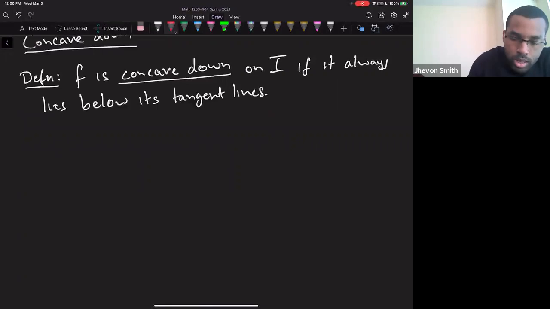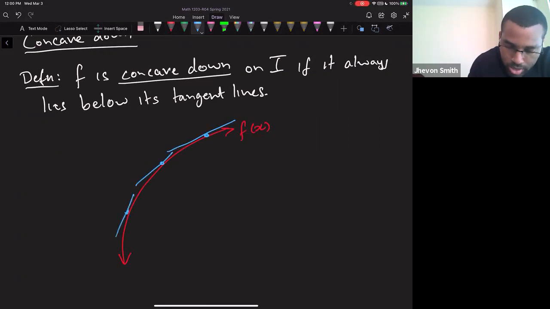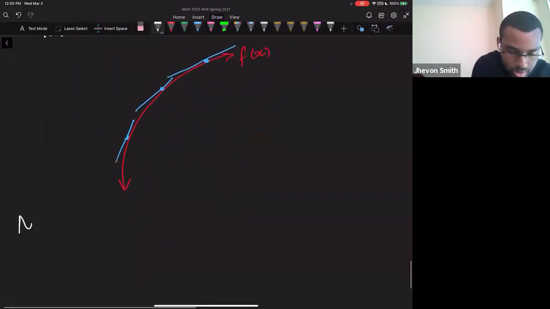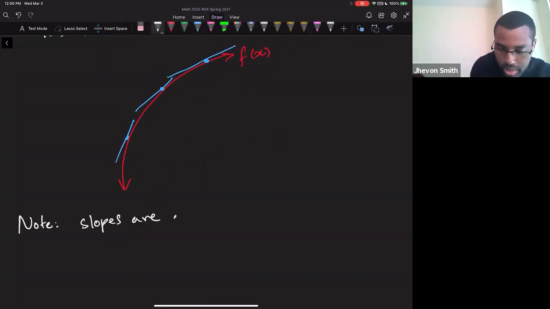So here's an example of a function. Let's call it f. Let's say every time I draw a tangent line, the tangent line is sitting on top of the function, right? A function that exhibits that quality is said to be concave down. And I want you to notice slopes are decreasing, right?